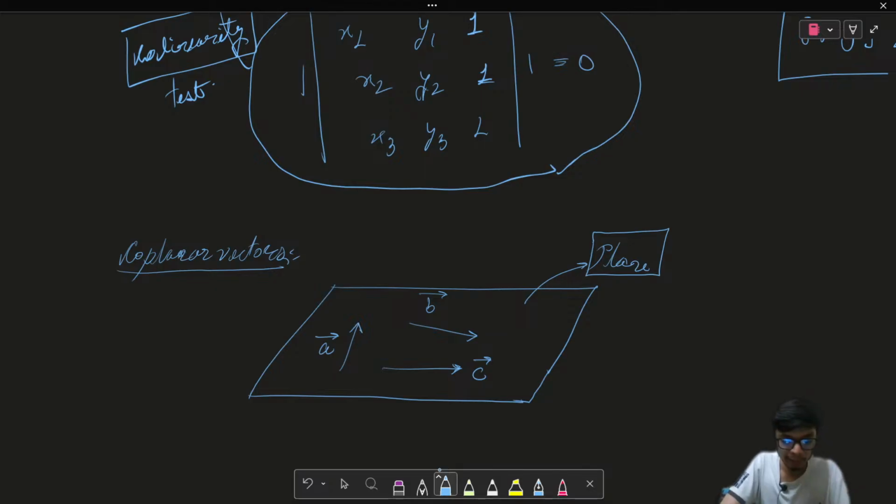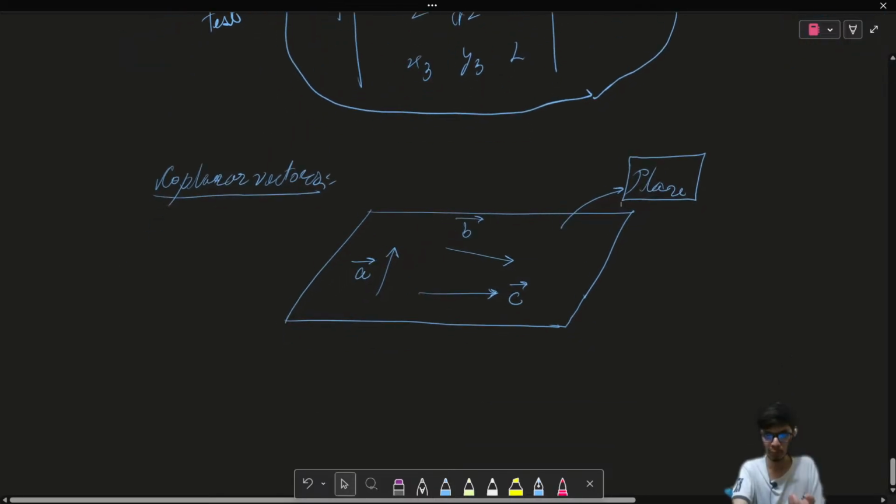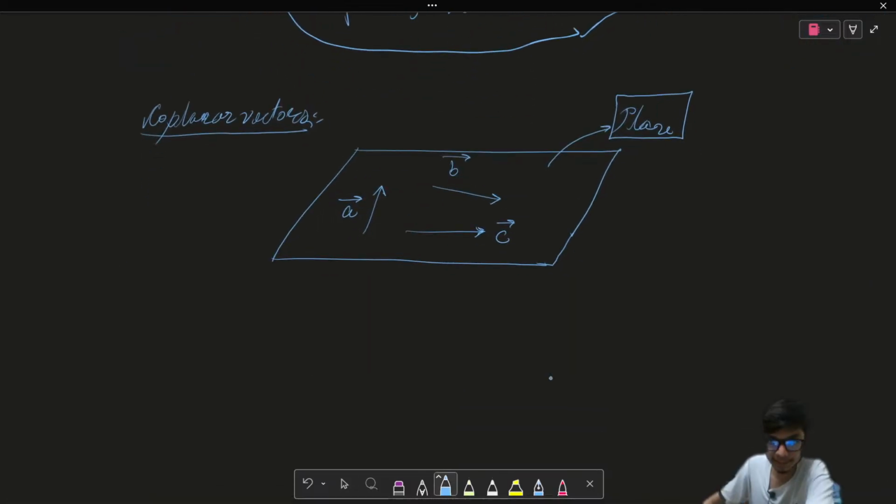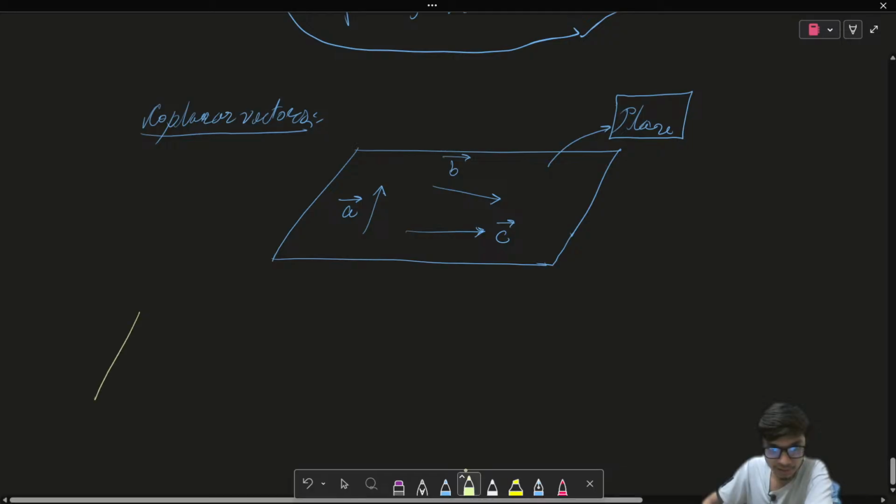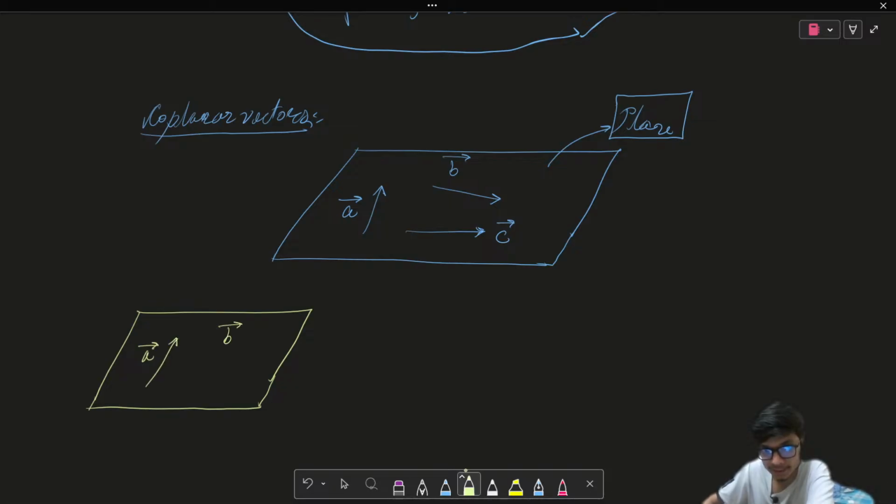Now, how can we talk about this coplanarity concept? Let us say I have two vectors which are coplanar, and I want to write a linear combination of those two vectors. Let me draw a third vector, r vector.